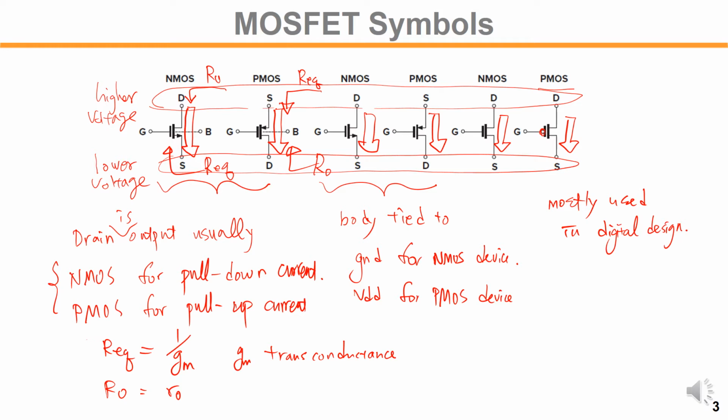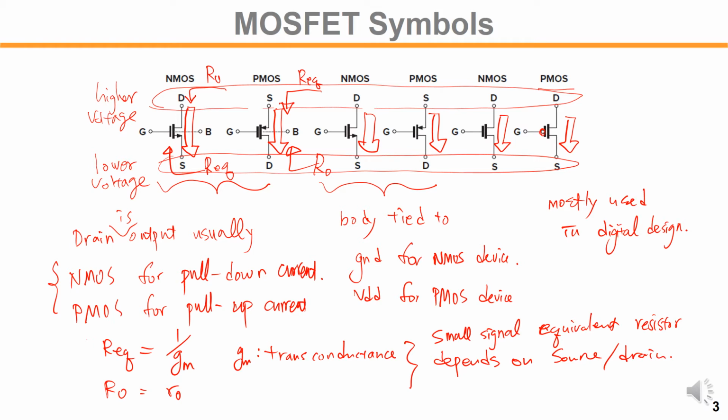So the small signal equivalent resistance is greatly determined by whether that is source or drain. This is a very important feature that you have to understand.